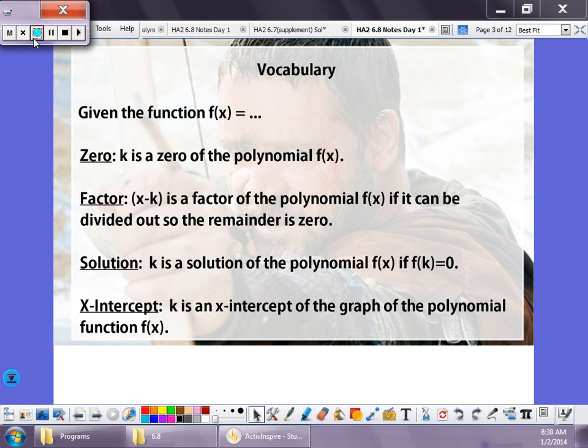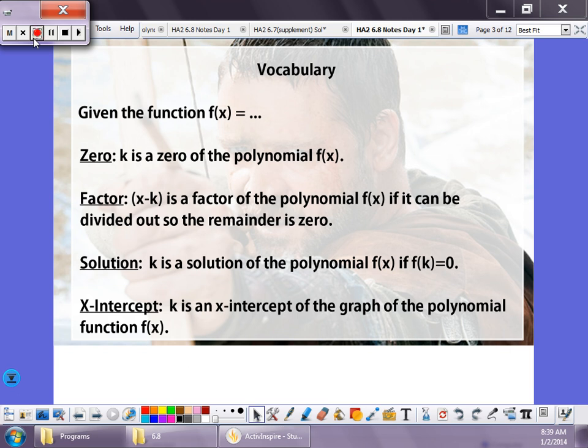But a 0 we know is a 0. That's when it crosses the x-axis. Same thing as the x-intercept. A factor is just the factor. After we factor an equation, we set each factor equal to 0, and we get our 0, which is our x-intercept. And any solution k that gives you a y value of 0 is a 0. It's an x-intercept. Okay? These are all the same thing.